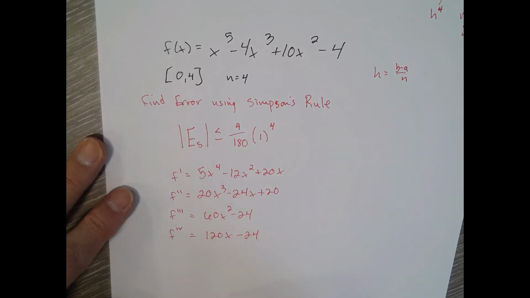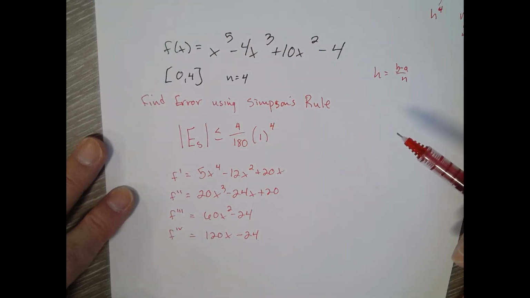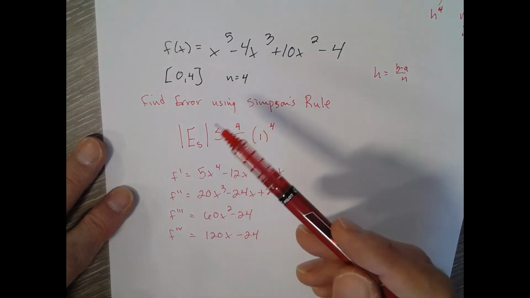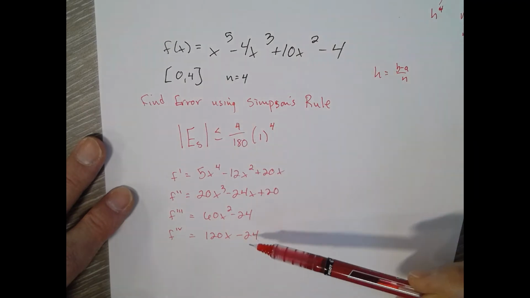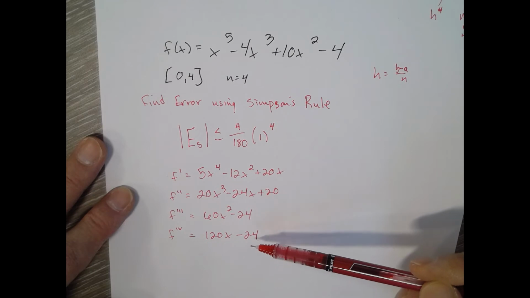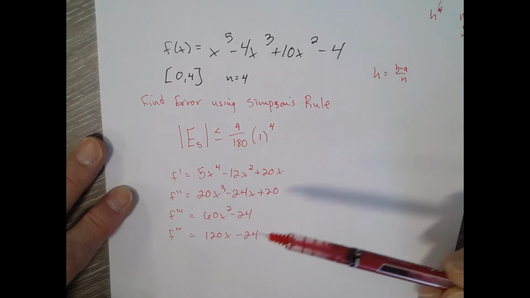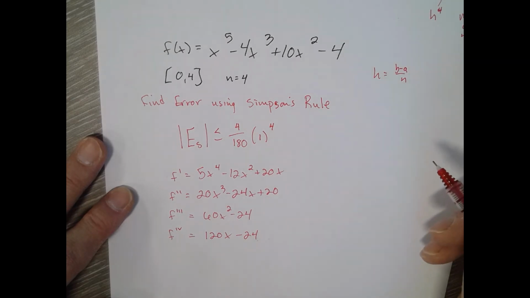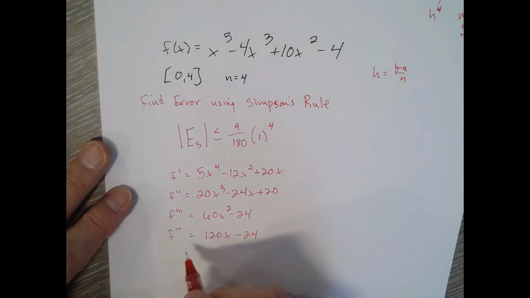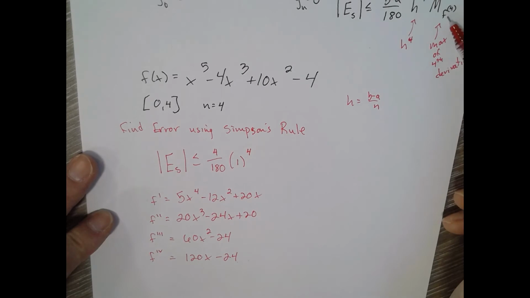So where on our interval would it create the maximum? Well, at 0 it's negative 24, which is possible because we're doing absolute value. But if I plug in 4, you get 480 minus 24. What's that, 456? So 456 looks like it is the maximum. It's the biggest the fourth derivative could be on the interval.